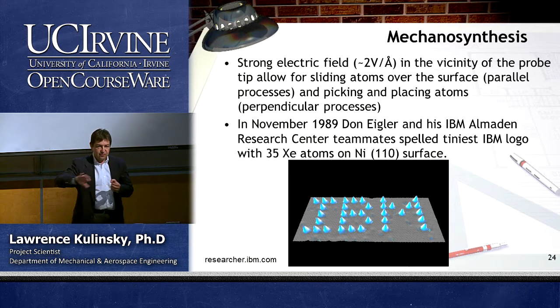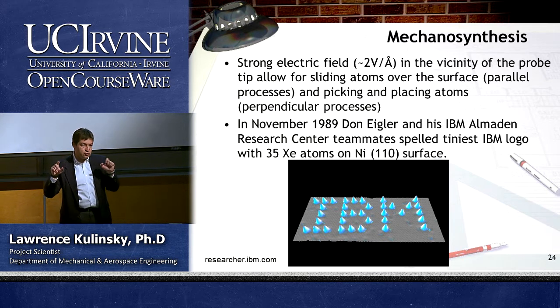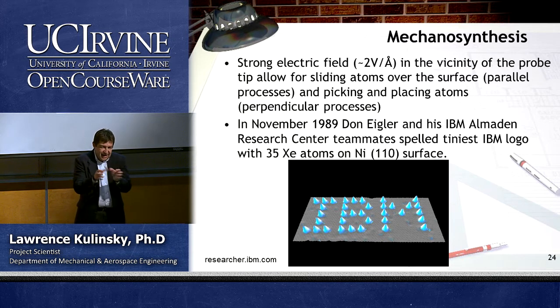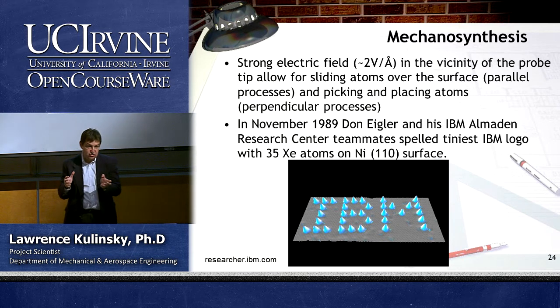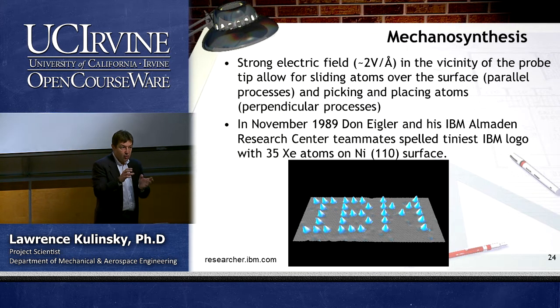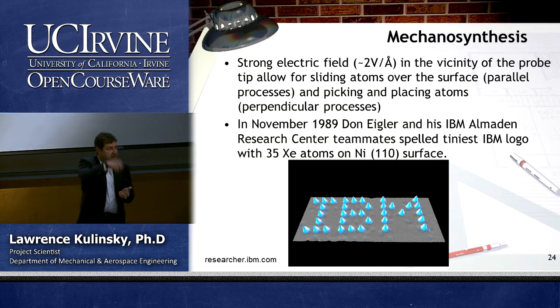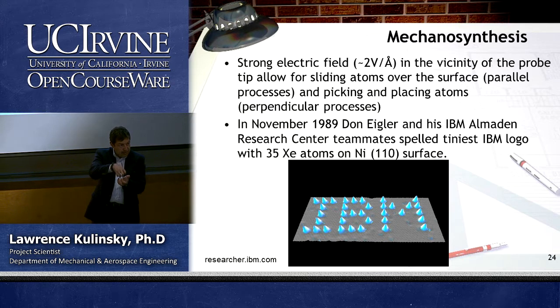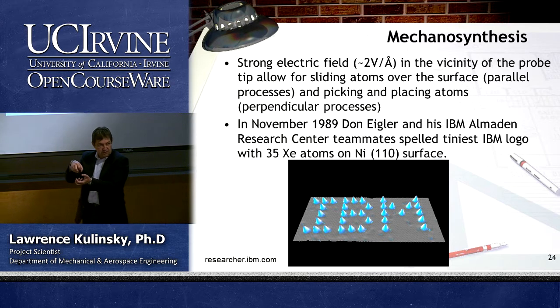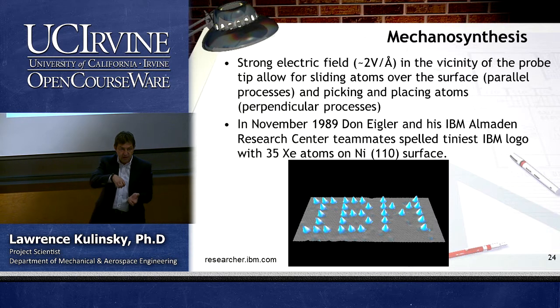So you can use directed diffusion, if you will, because in fact the atom never totally leaves the surface. And then you can also have the atom stick to the tip of the probe and take it completely off the surface and put it on another surface.